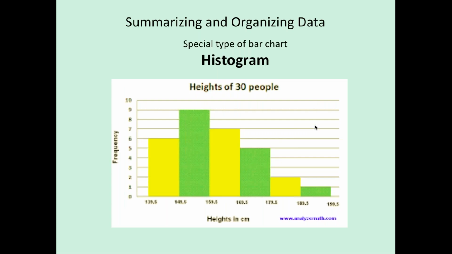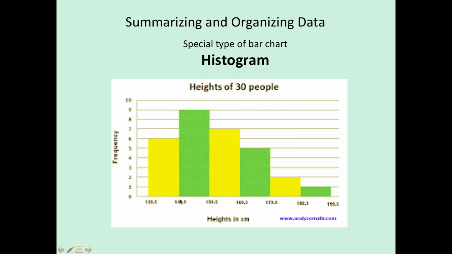Okay, so let's take a look at this other form of a bar chart now. So what do we have here? On the bottom, we have the heights of individuals, right? These are the relative heights in, I guess, centimeters. And on the y-axis, we have the frequency, the number of people in our sample that had that height.